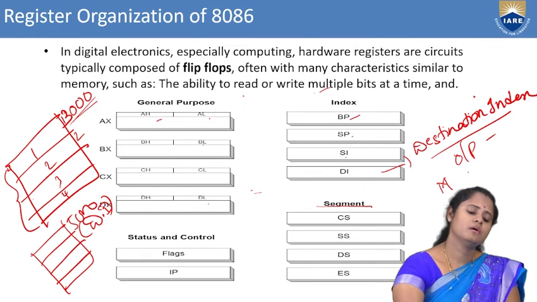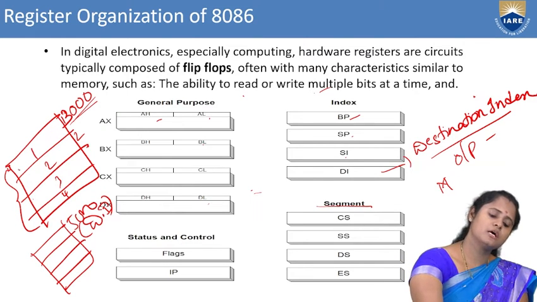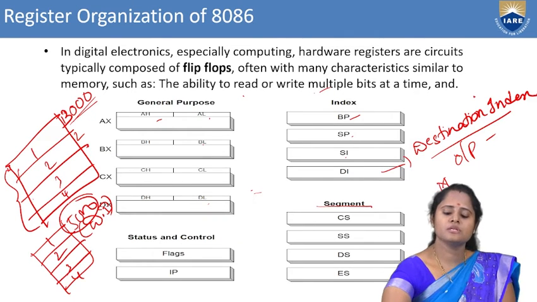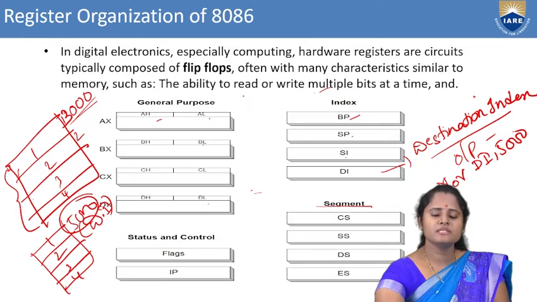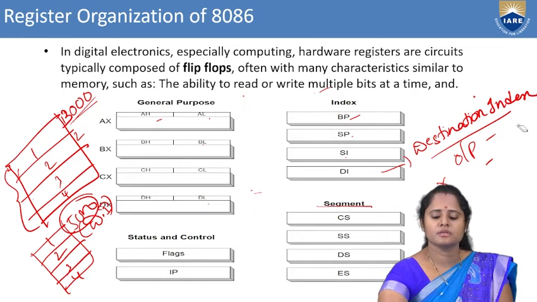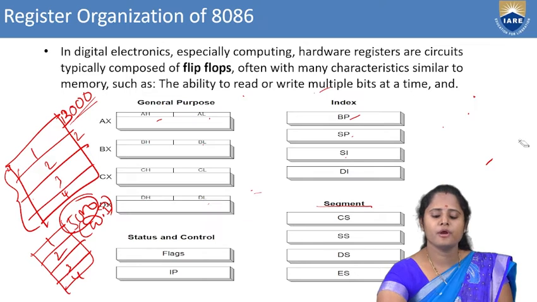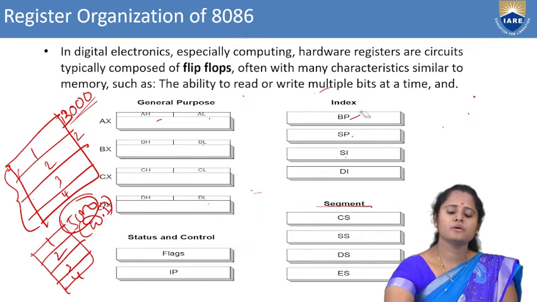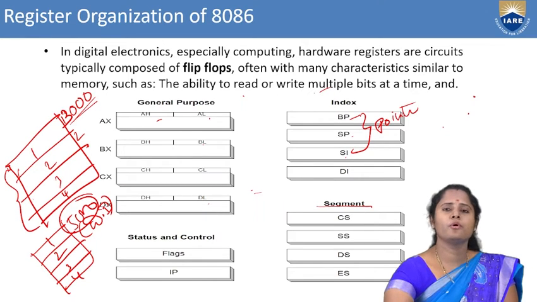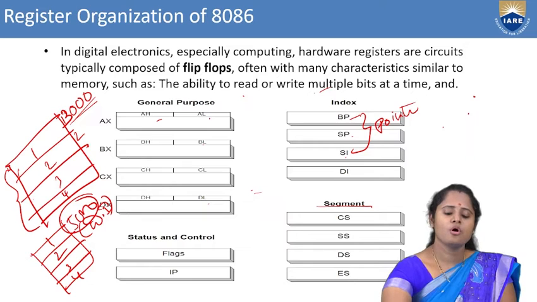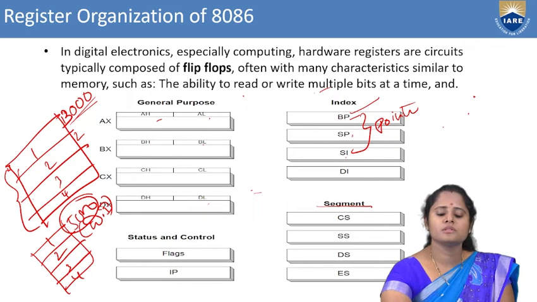Now I need to see my output, the same output 1, 2, 3, 4, in 5000. So the destination address I need to write as MOV DI, 5000. Right. So in order to see my output values, I need a destination index. So these are the index and pointer registers. Pointer registers, you have two pointers. The pointer indicates the offset address of the base register, or else the offset address of the stack segment.